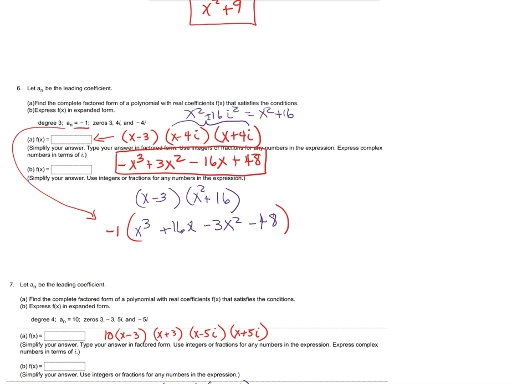That i squared changes that sign, so I have x squared plus 16. Now I'm going to take that, x squared plus 16, and multiply it by x minus 3. You can multiply x times both those, or you could do this by FOIL. First one's x cubed, outer is 16x, inner is minus 3x squared, and lastly is minus 48.